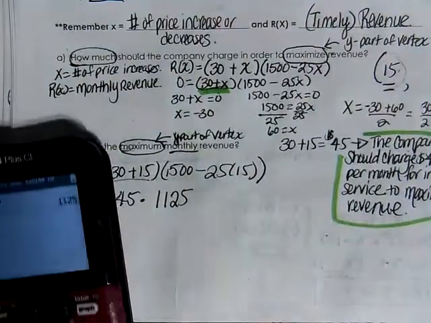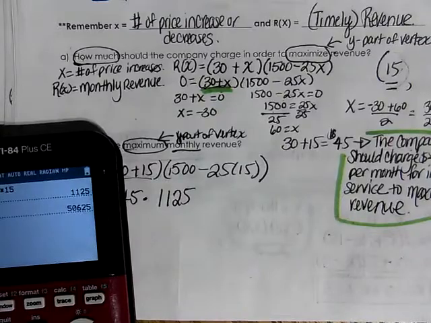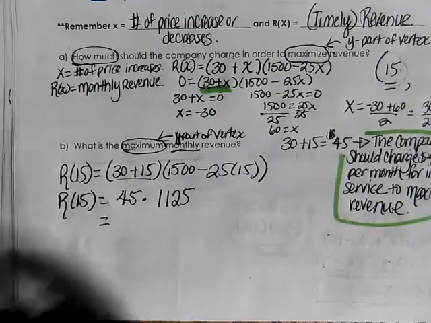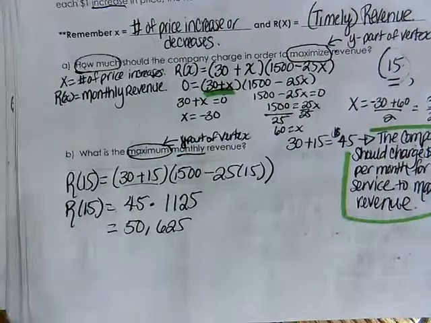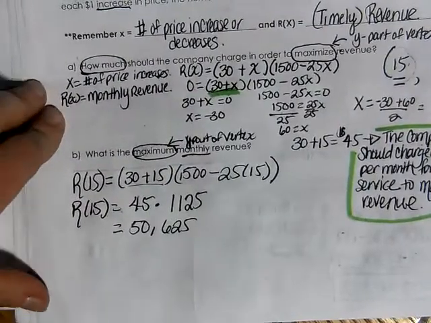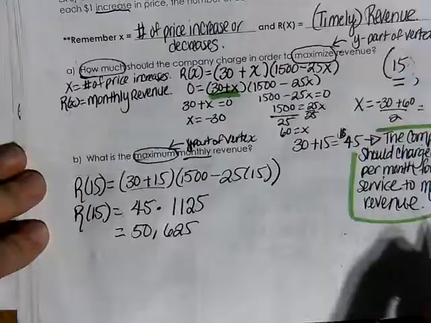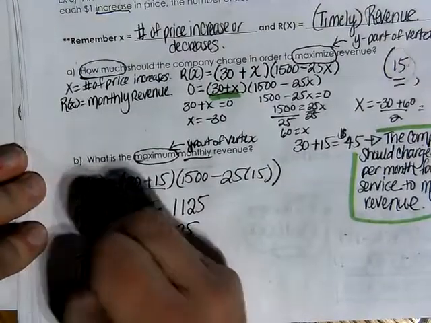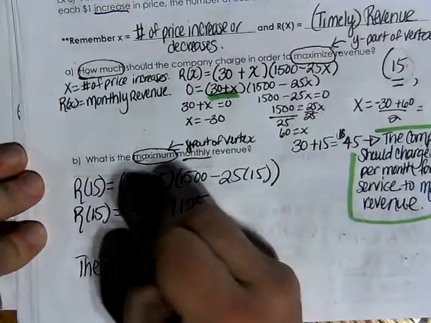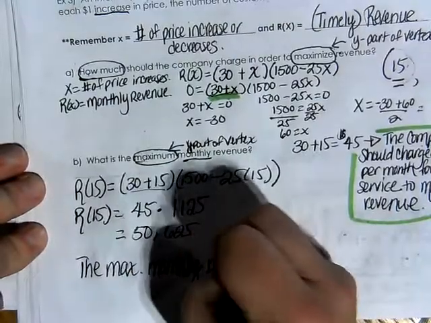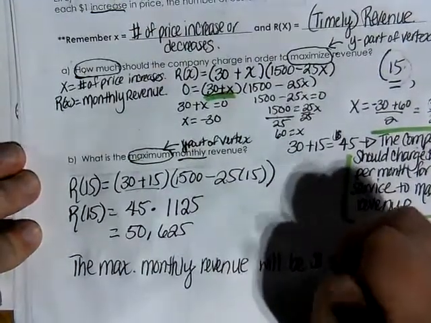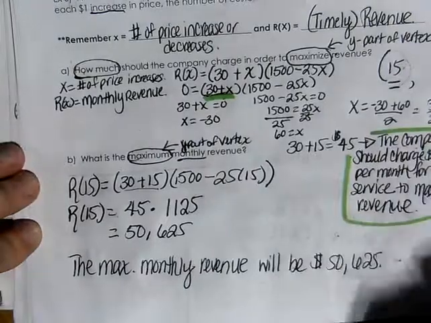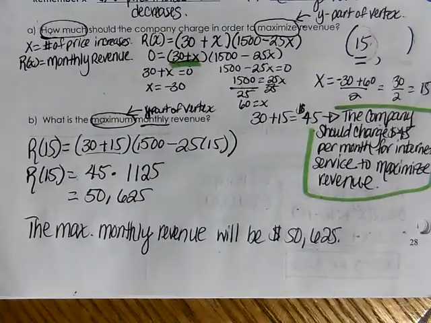If I were to multiply those two numbers together, I would end up with $50,625. So that means that if the company charges $45 for service per month, the maximum monthly revenue will be $50,625, and that's if they charge $45 per month for internet service.